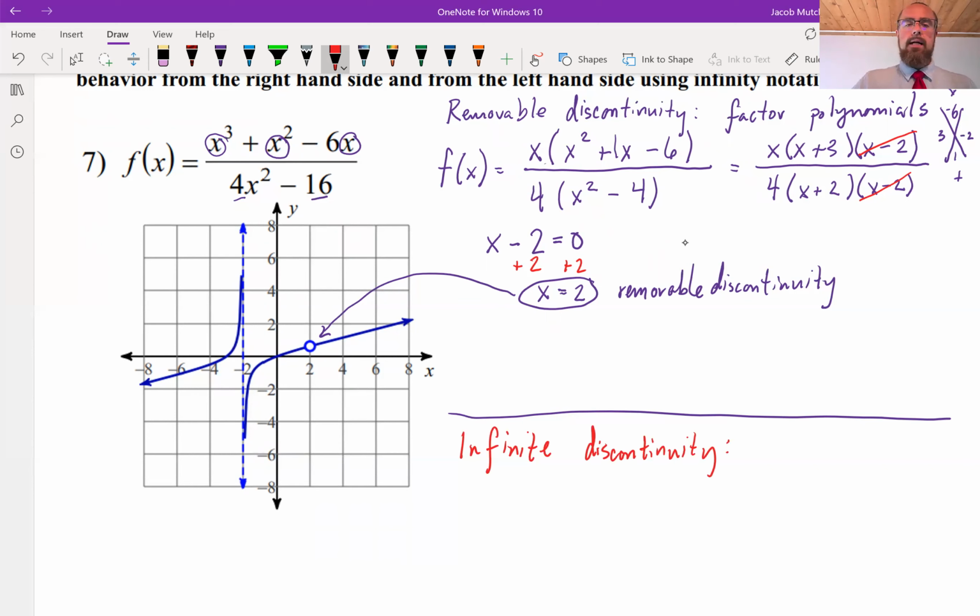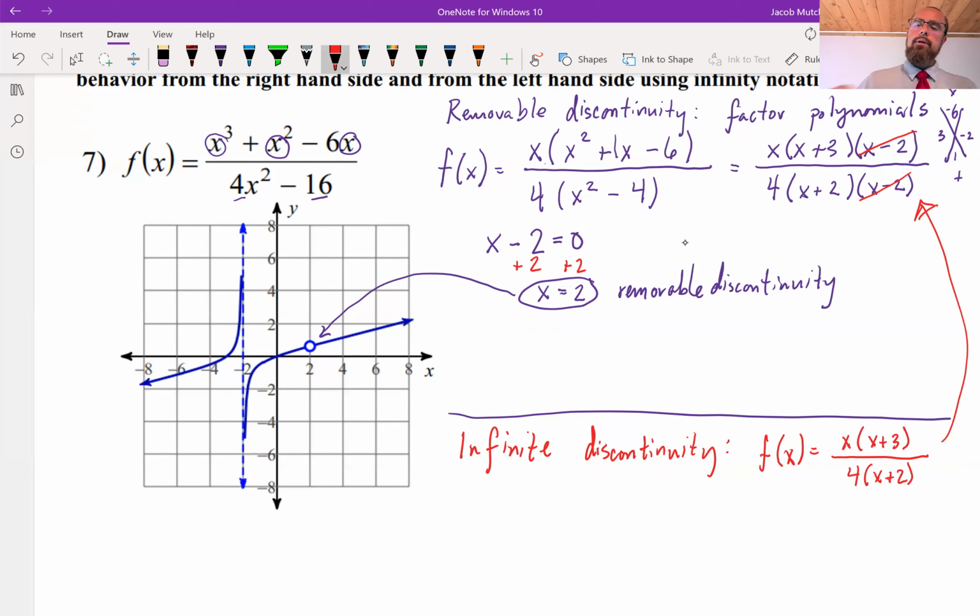So I'm not going to go back to the original. What I want to take is this version, f of x equals, really this version after I had canceled x minus 2. So what's left in my numerator is x times x plus 3, and in the denominator 4 times x plus 2.